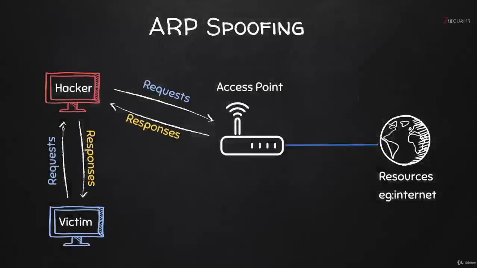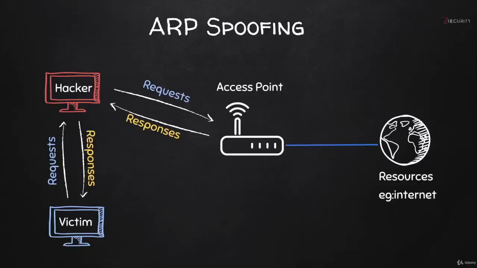So any requests sent and any responses received by the target computer will have to flow through the hacker computer. This means that any messages, any websites, any images, any usernames, any passwords entered by the target will have to flow through my computer. This allows me to read this information, modify it, or drop it.